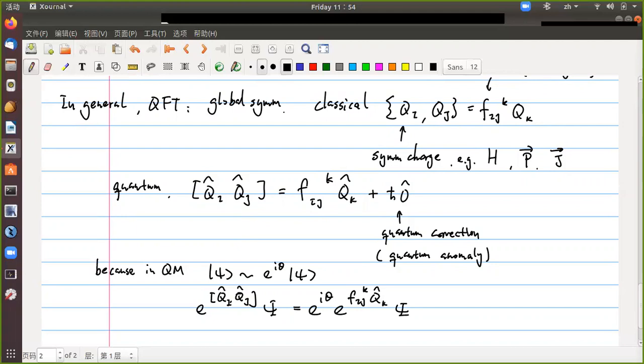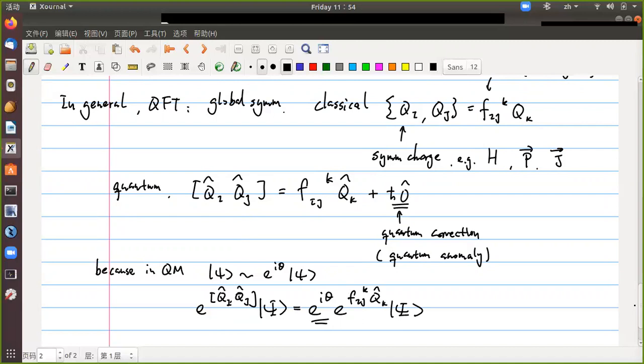It's still like a symmetry, but quantum mechanically everything can be different up to a phase, and because of this phase, you get this quantum correction. This phase is usually of order h bar, and when you act on a state, generically the commutator does not equal f_ijk times q_k, but you get some other contribution coming from the phase.